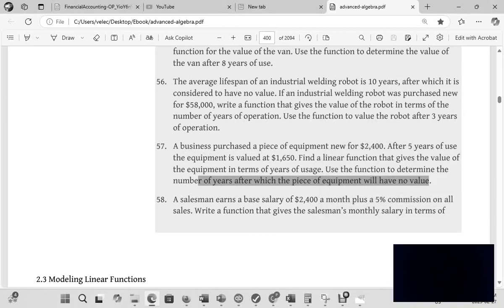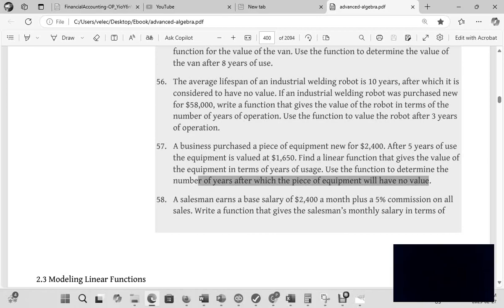So it has to do with depreciation, and for you to figure out the number of years after which the equipment will have no salvage value, which means the value will be zero, you will need to find the equation.